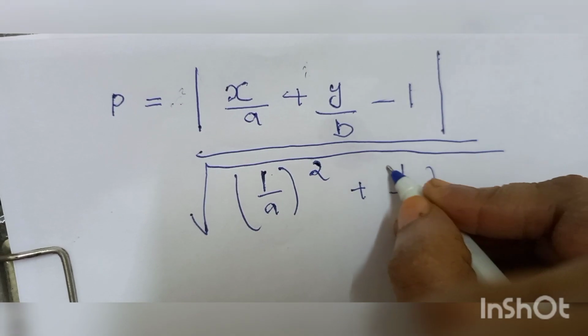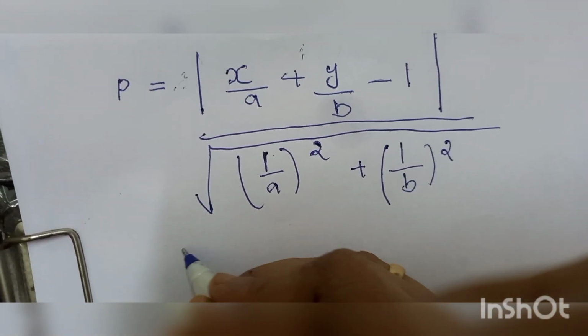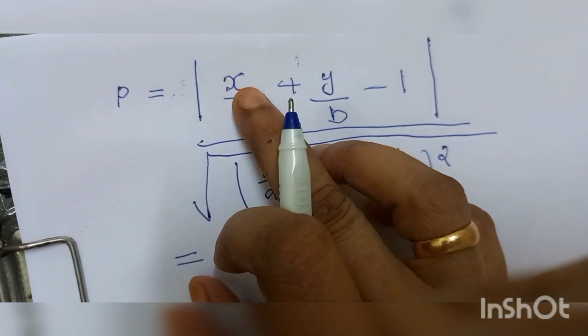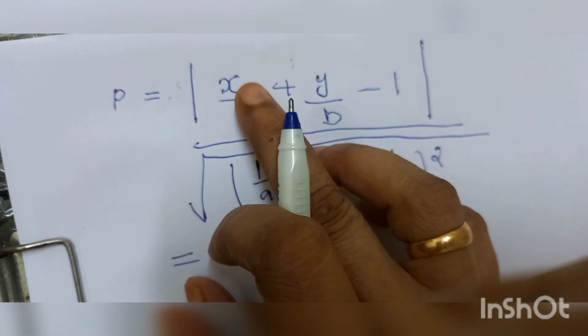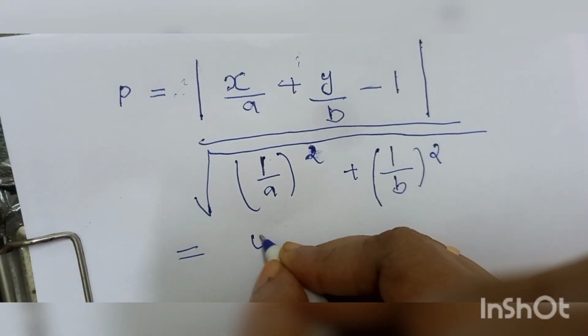Then which is equal to, since this passes through origin, in place of x we can put 0.